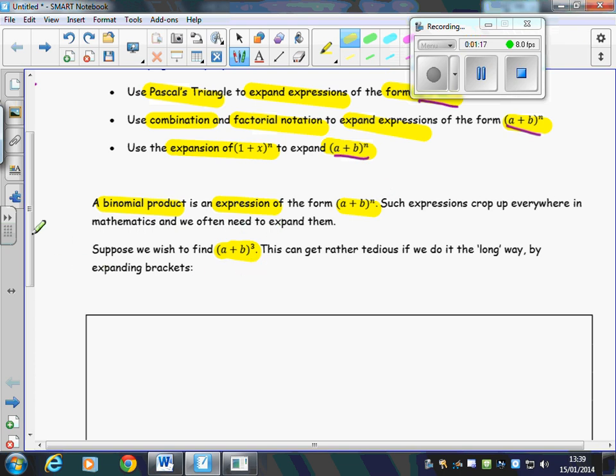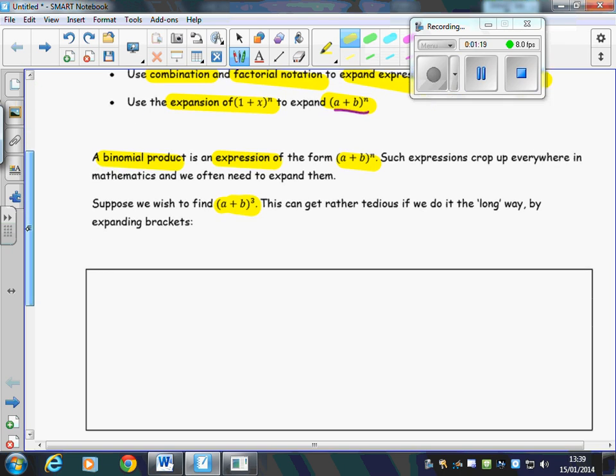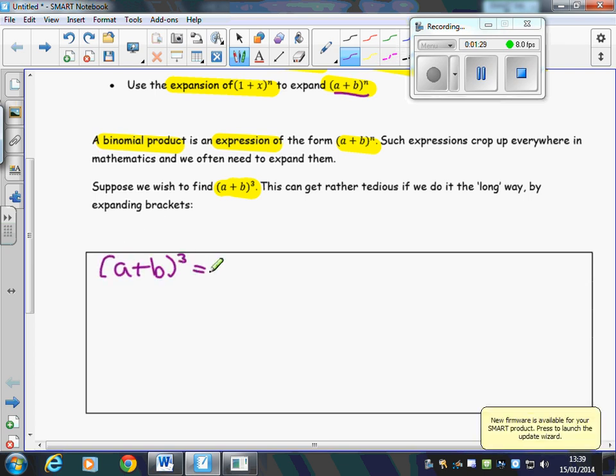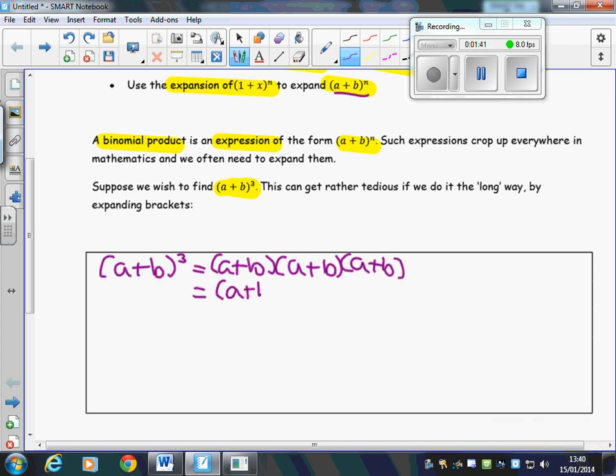This can get rather long and tedious when we have to expand each bracket in turn. So let's do it for an example of how long it takes. We have a plus b to the power of 3. Well, that's the same as a plus b times a plus b times a plus b. If I expand out one set of brackets, I'll have a plus b still for the first one, and for the other two, when I expand them out, I'll get a squared plus 2ab plus b squared.